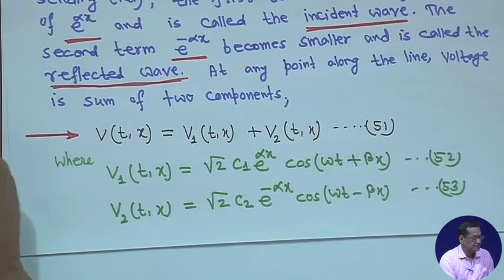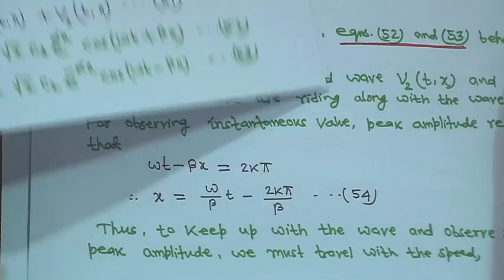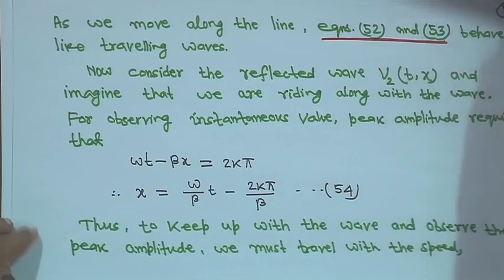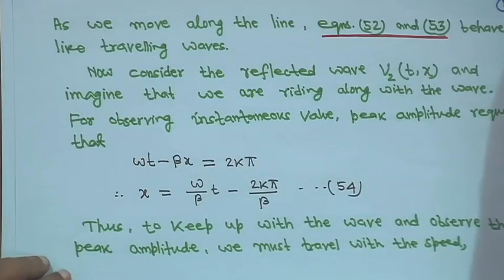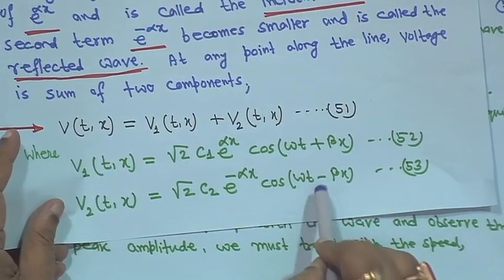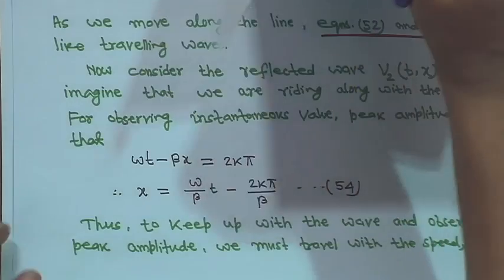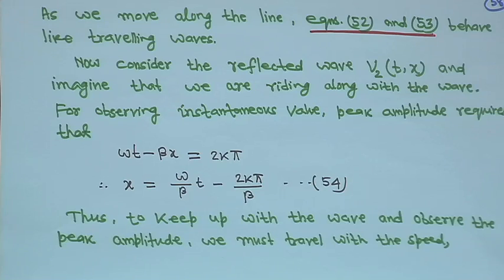Now, if you move along the line, equations 52 and 53 behave like a travelling wave, because one is the incident wave and another is the reflected one. We will consider the reflected wave, that is V2(t,x), and imagine that we are riding along with the wave.